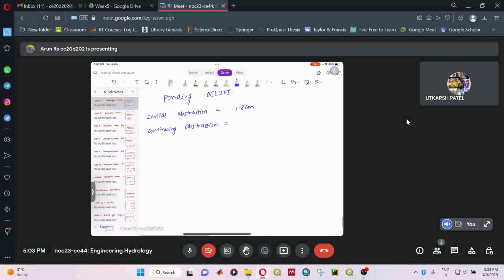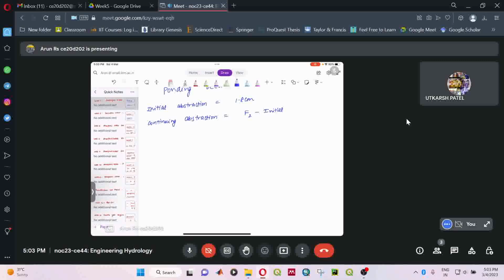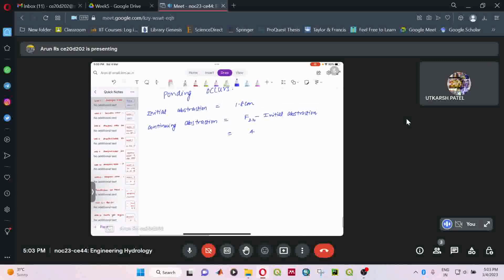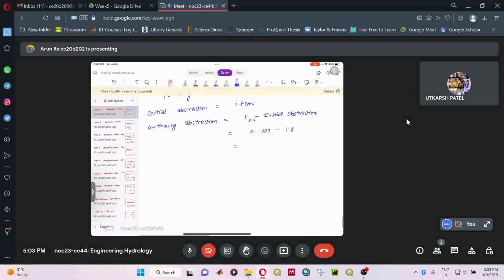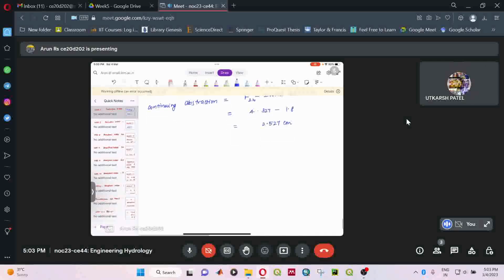So for the continuing abstraction, capital F until the second hour minus your initial abstraction. F at the second hour is the last value which you found, 4.327, minus 1.8, that is equal to 2.527 centimeters. So this is the continuing abstraction.